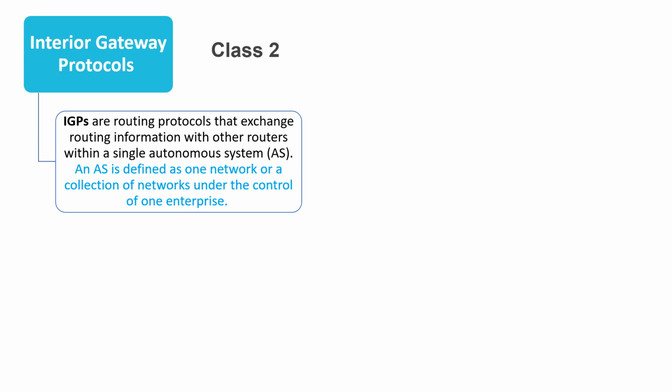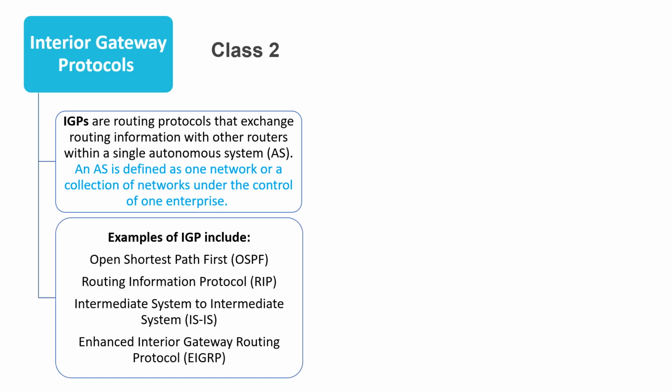So they exchange the routing information within the autonomous system. And the examples of interior gateway protocols are Open Shortest Path First, Routing Information Protocol, Intermediate System to Intermediate System protocol, and Enhanced Interior Gateway Routing Protocol. So these are the four protocols that fall under class 2, the interior gateway protocol.